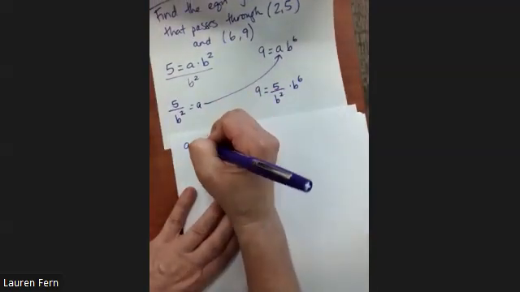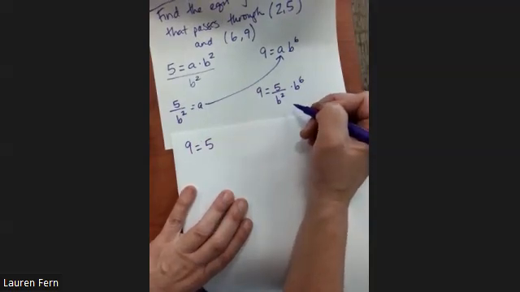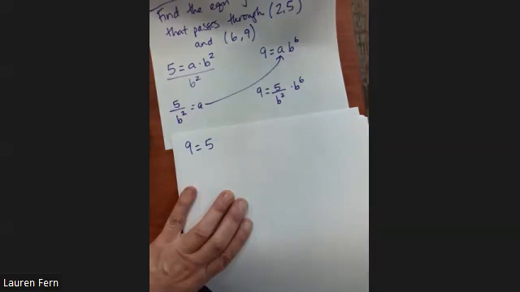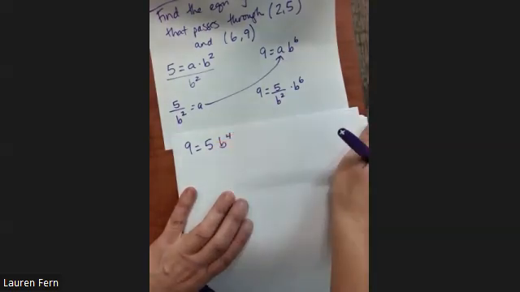I got my 5. What is b to the 6th over b squared? When you divide two things with the same base, what do you do to your exponents? You subtract them. Remember how I told you you got to remember your properties of exponents here? This is where they come. So don't I have 5b to the 4th?